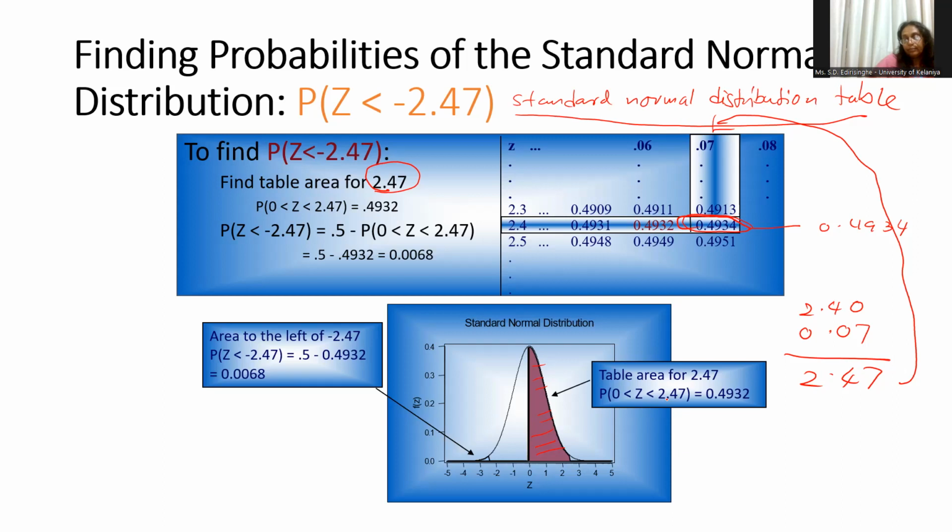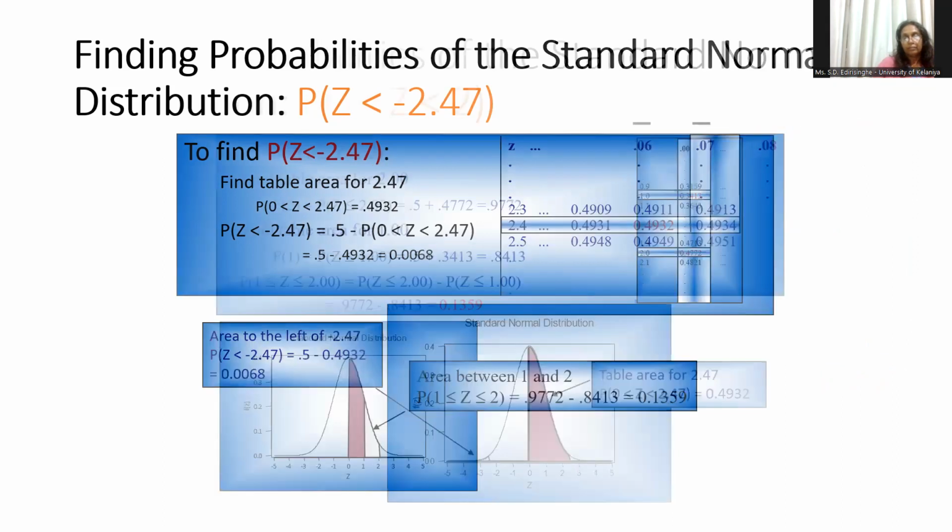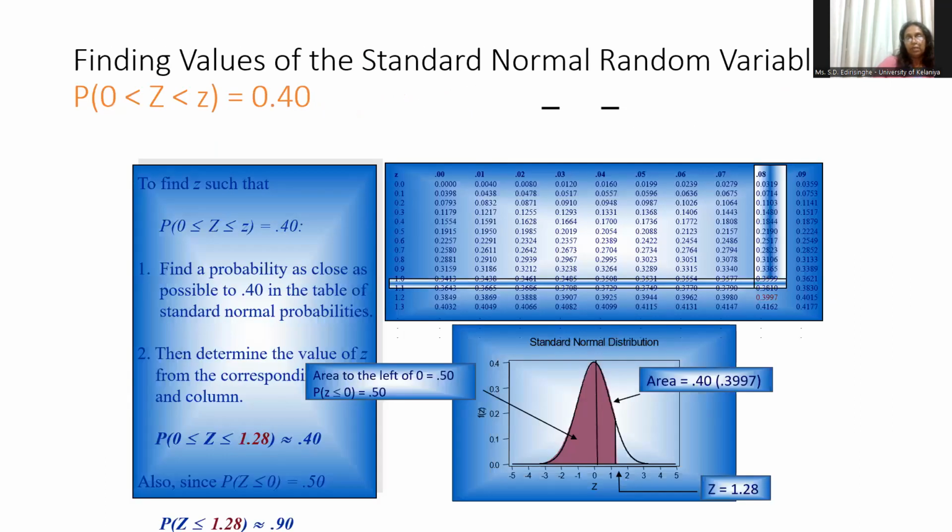Okay, right. So this is the table. You can see, it's a table.